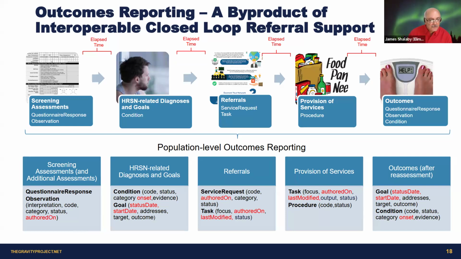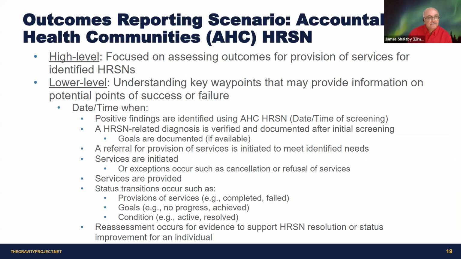Okay. So if we go to the next slide, outcomes reporting for HC, HRSN, as our example, at the high level is focused on assessing outcomes for provision of services for identified social needs, health-related social needs.